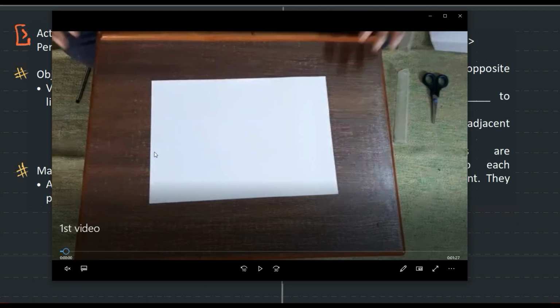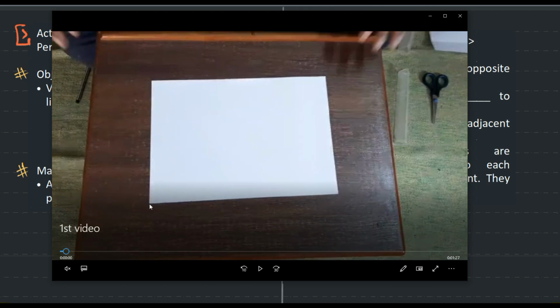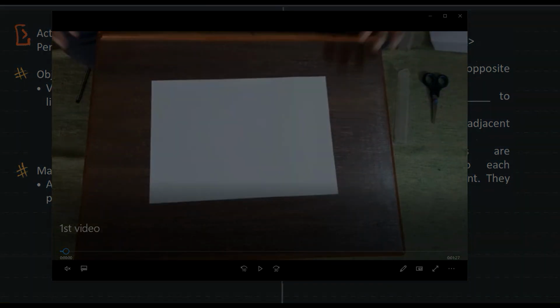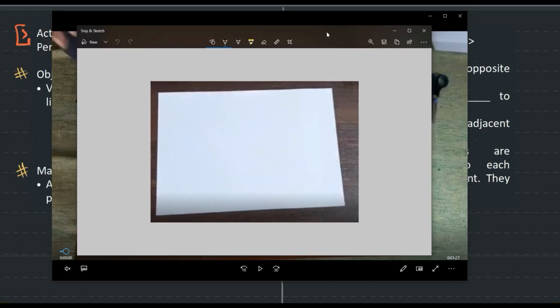How do you describe the adjacent edges of the sheet of paper? Adjacent means neighbors. In this case, the one running from top to bottom and the other running from left to right is an example of adjacent. Actually, let me show it. I can't draw a straight line.